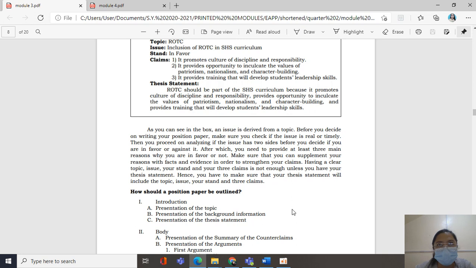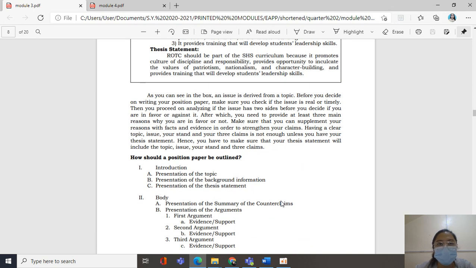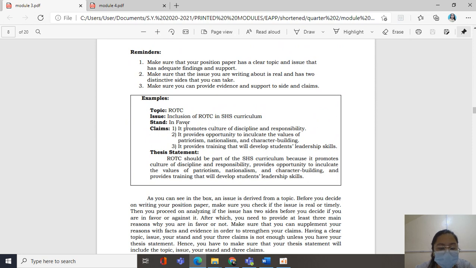And then aside from that, you have to make use of summary when you are refuting the counter arguments, together with your evidence sets. And you may also explain unfamiliar terms first, especially if your readers are first timers. Okay, for instance, the ROTC thing, I think this is new to you, especially under the K to 12 curriculum.